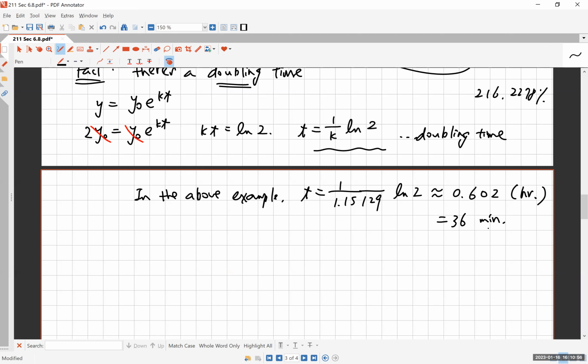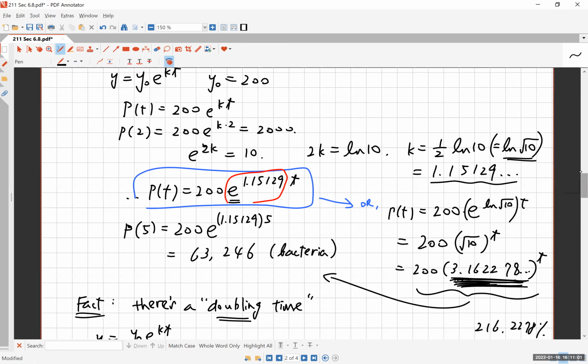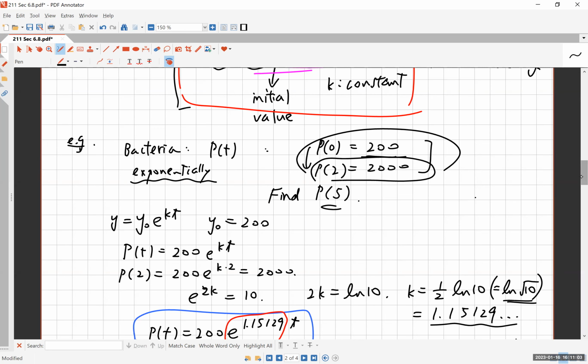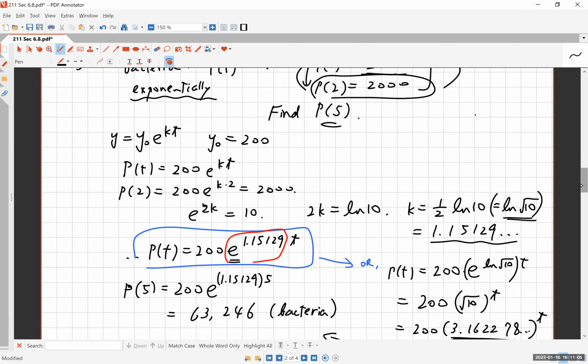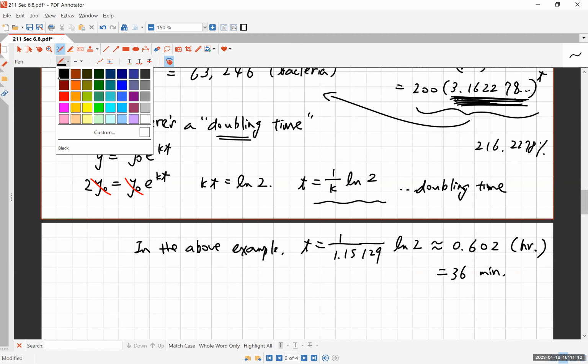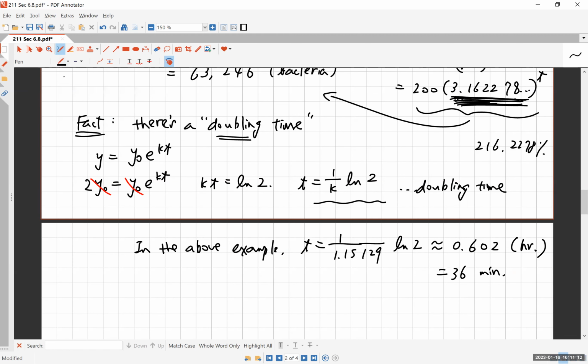Around 36 minutes. So this is saying, okay, with this given information, every hour, no, I'm sorry, every 36 minutes, the number of bacteria doubles, okay, every 36 minutes.